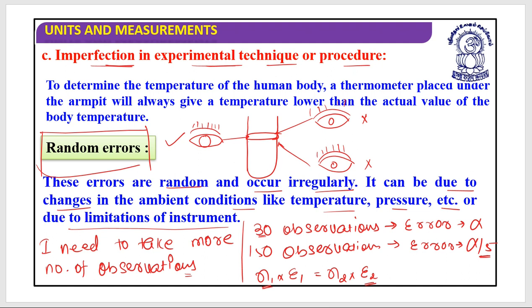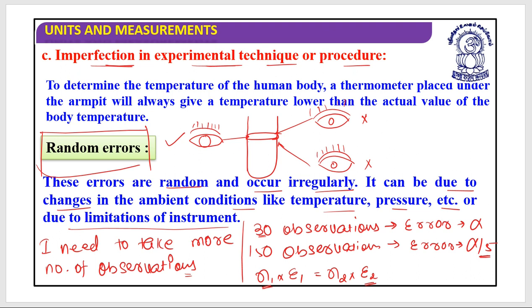So these are the random errors. Why do they arise? Actually, we don't know why they arise, because they occur randomly, and random means that we don't know the cause. And how can I remove it? Exactly, I don't know how to remove it, but I know how to reduce it. How?